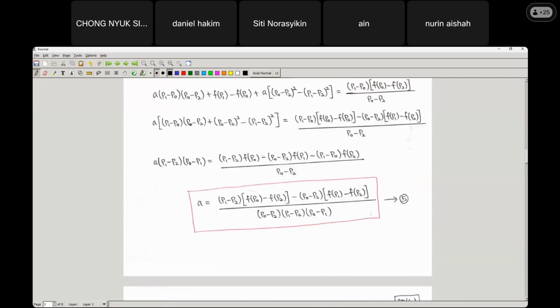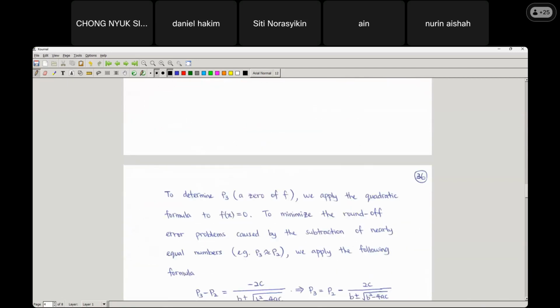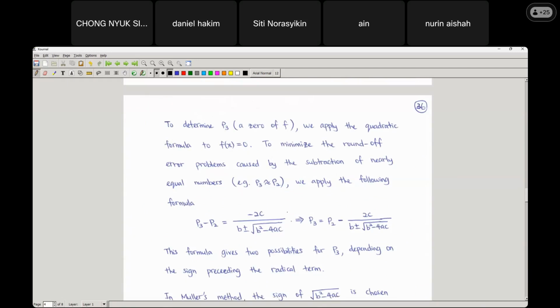So what you're going to do next is find the answer for P3. You have the information of P0, P1, and P2, but you do not have P3. In order to find P3, you need the information from P0, P1, and P2.